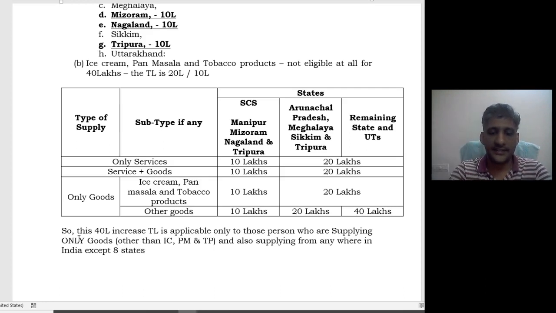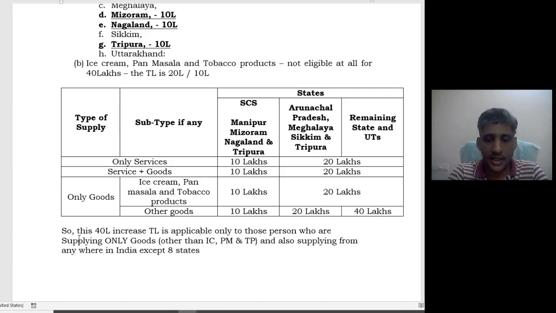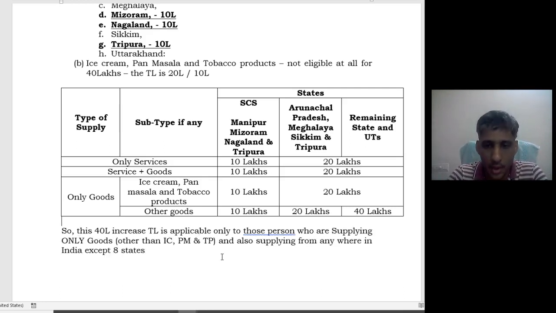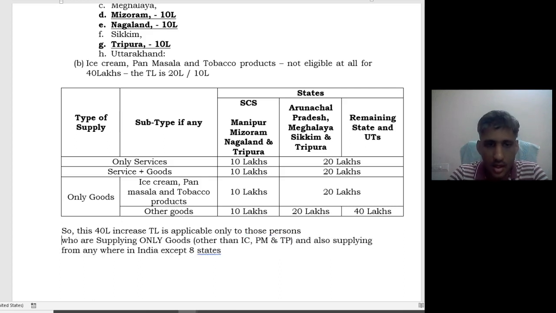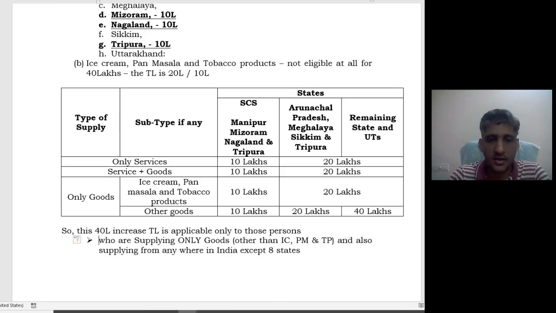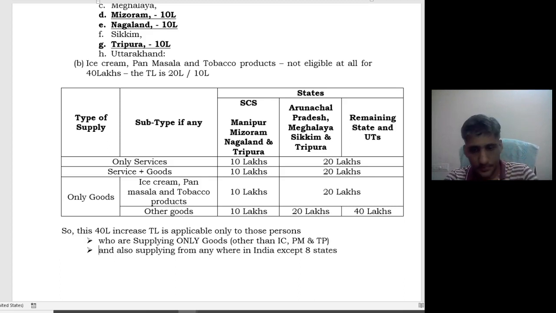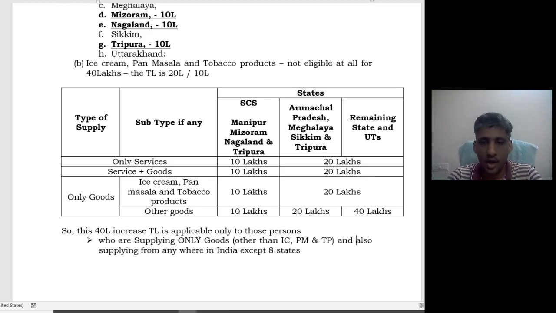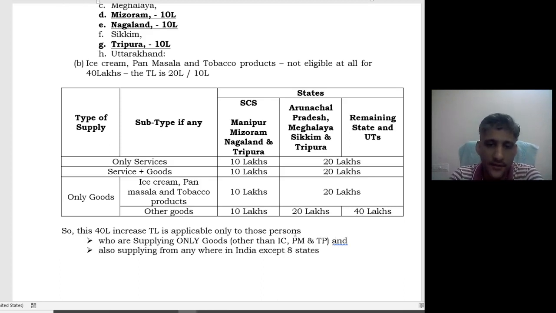So this 40 lakh threshold limit is applicable only to those persons who are supplying only goods other than ice cream, pan masala, and supplying from anywhere in India except 8 states.